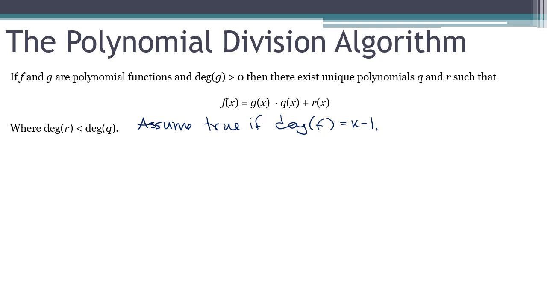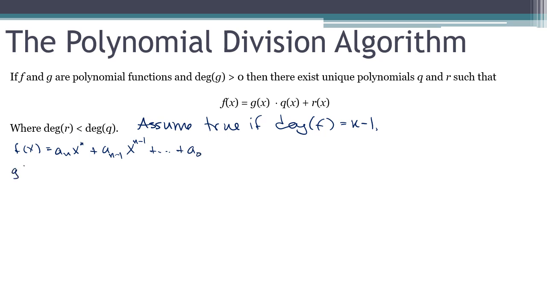To start this, I really need to be specific about what these polynomials are. So let f of x equal a sub n x to the n plus a sub n minus 1 x to the n minus 1 plus so on out to a sub 0.